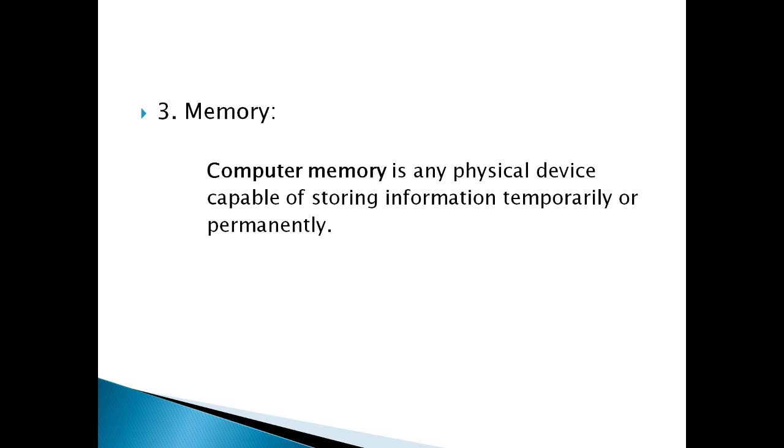In temporary storage devices, we store the data for a limited period of time, whereas in permanent storage devices, we store it for as long as we want. We usually save all of our data in the permanent storage devices. For example, our photos, videos, documents, Word files, PDF files, all of these lie in the permanent storage device.